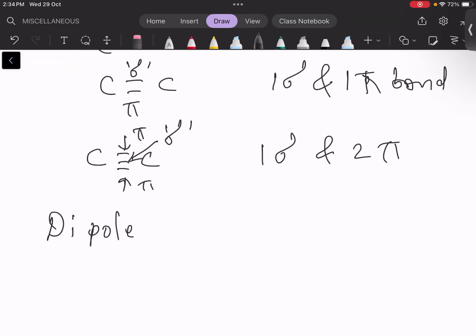Dipole moment is denoted by the letter mu.